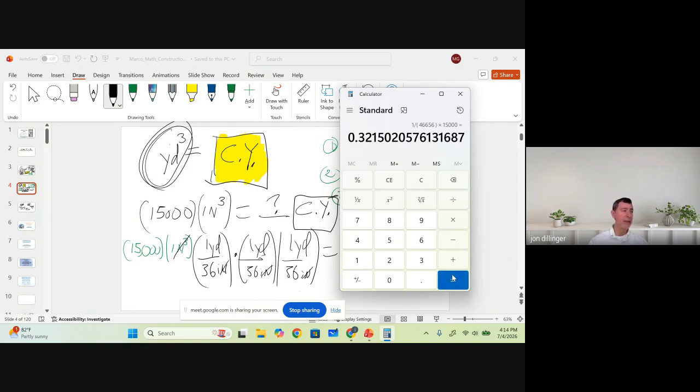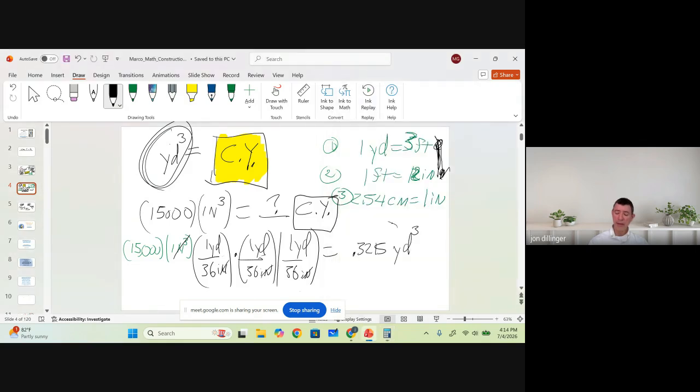Yep, that's what I get. So that's the answer: 0.3215 yards cubed.